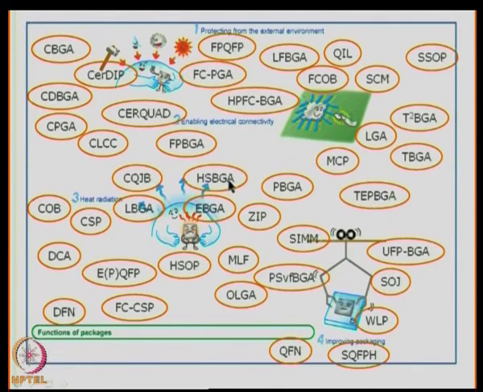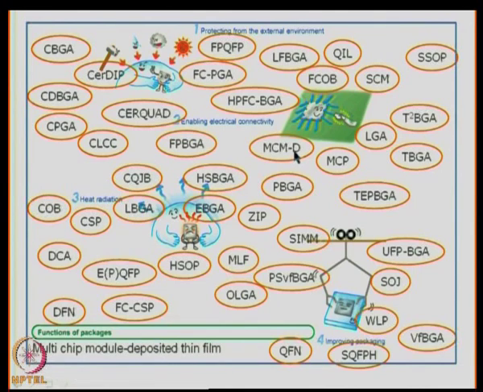Then you have HSBGA, which stands for heat spreader or heat slug ball grid array. So, it may mean the same for different package acronyms, but this can be used by different companies. Then you have VFBGA, which stands for very fine pitch ball grid array. MCMD stands for multi chip module deposited thin film.